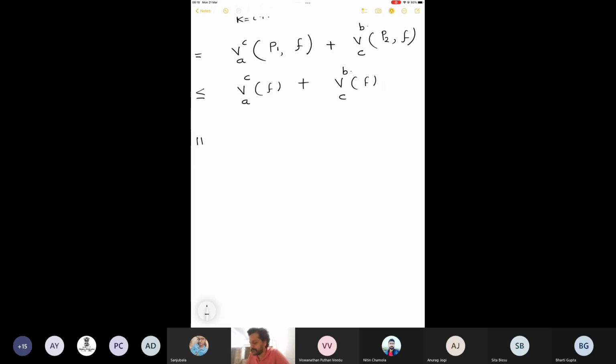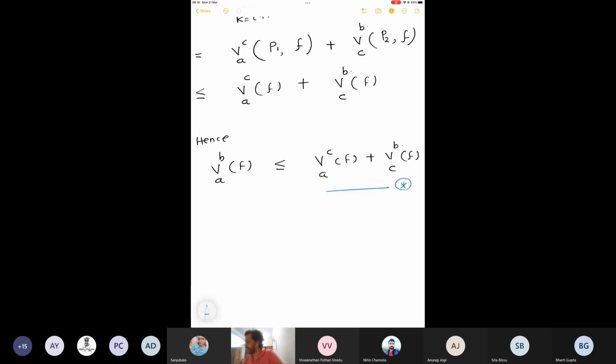Hence, total variation of f over the interval AB is less than or equal to total variation of f over AC plus total variation of f over the interval CB, giving you an inequality. We want to prove the equation. So the other way inequality we have to demonstrate.